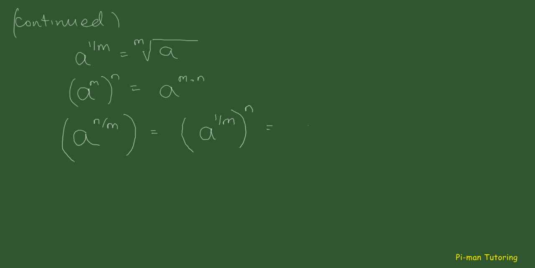A to the power of 1 over m means the mth root of a, and that whole thing is raised to the power of n. So what happened? The denominator of the fraction became the index of the radical, and the numerator became the exponent outside the bracket.